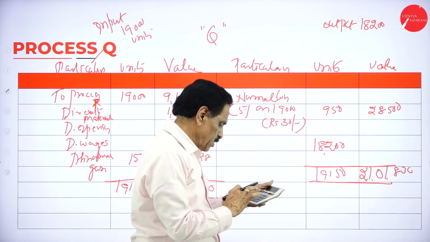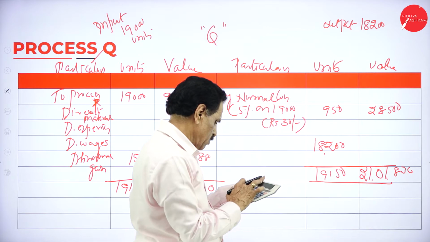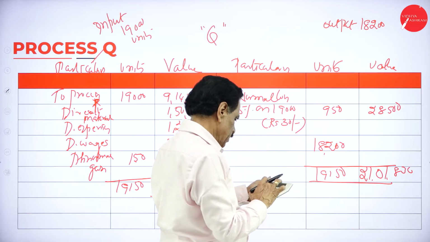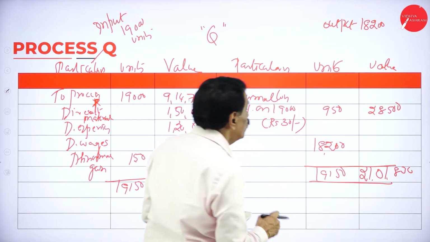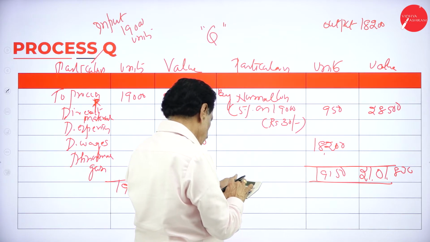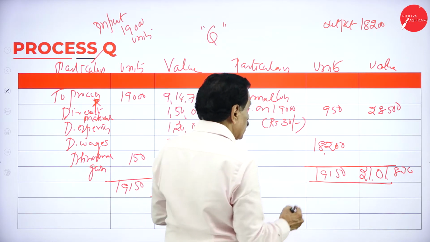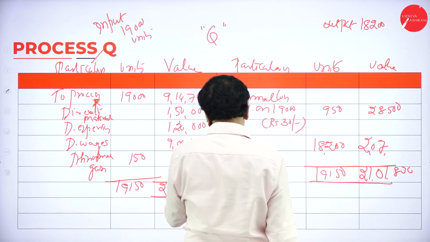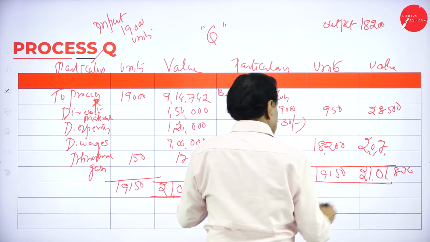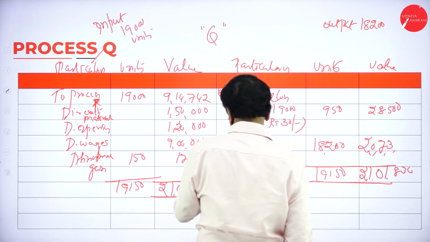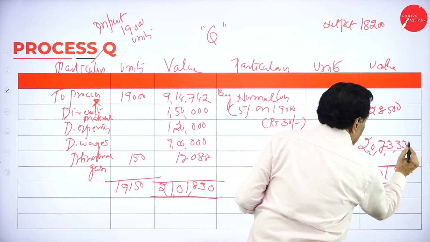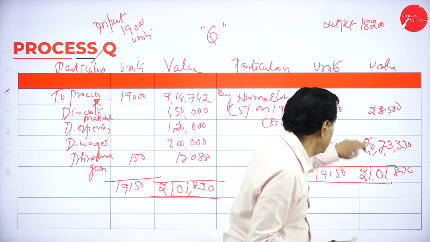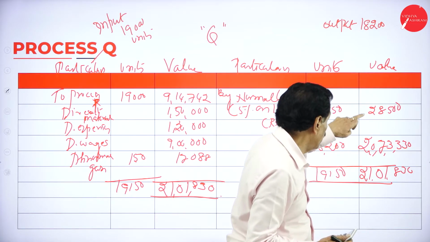Then 21 lakh 1,830 minus 28,500 gives 20 lakh 73,330. Check this.